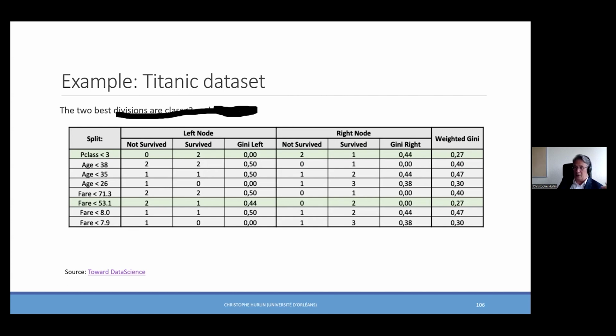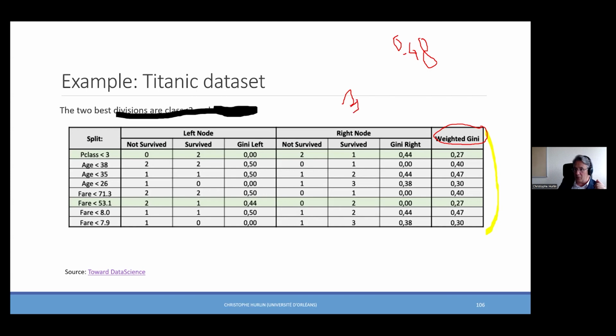Obviously, this is not the impurity gain, this is a weighted average, but the starting point is the same because we start with 0.48 for the Gini index at the parent node. So I don't have to compute the Gini index, I have to minimize the weighted Gini on the child nodes. Is it clear?